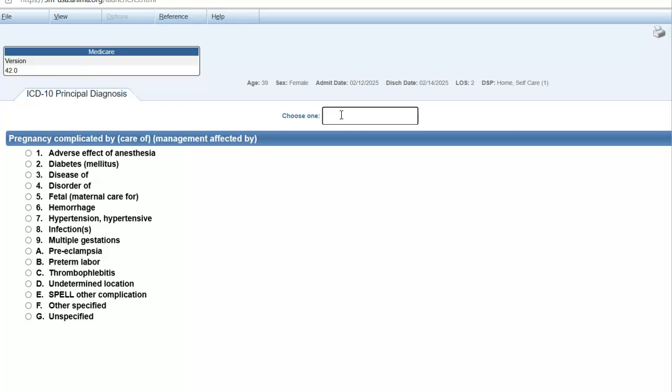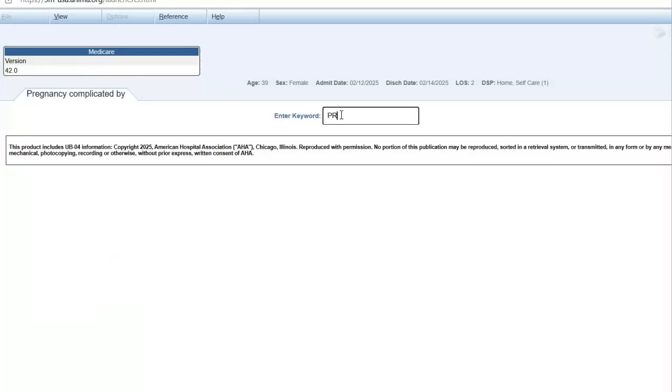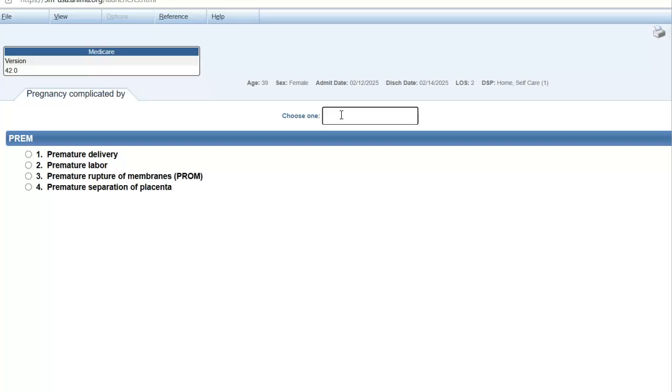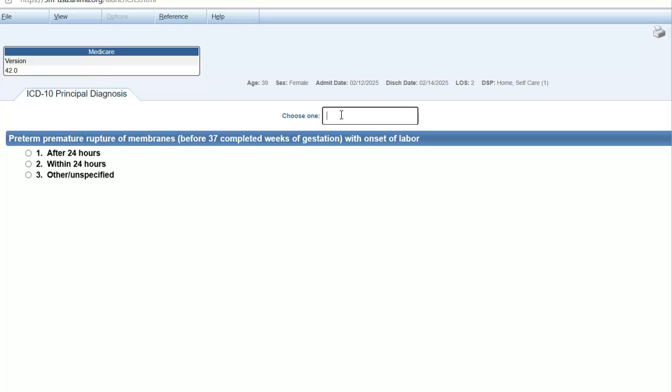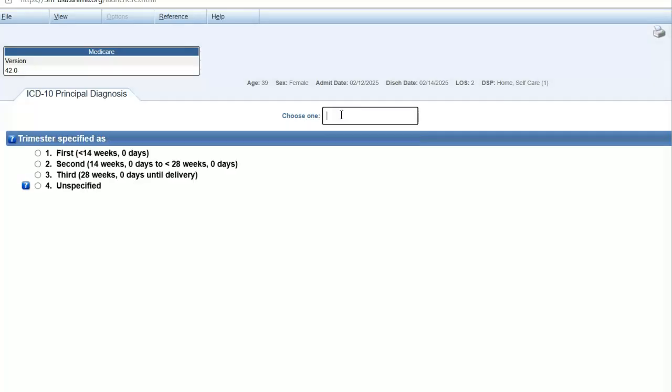So let's see if I can spell that under E, spell premature. Yep, premature rupture of membranes. I'm going to hit number 3. She was only 36 weeks, so we're going to hit number 3. It happened at midnight, so it was within 24 hours, so we're going to hit number 2.